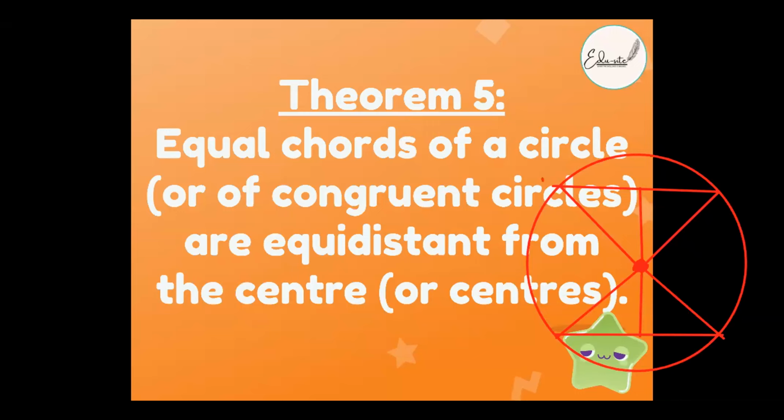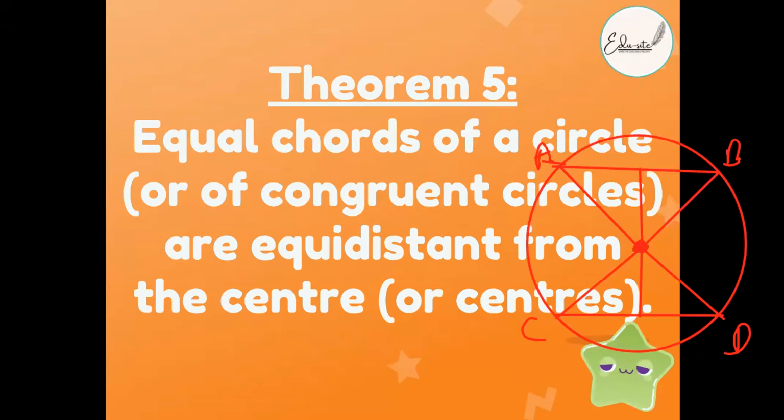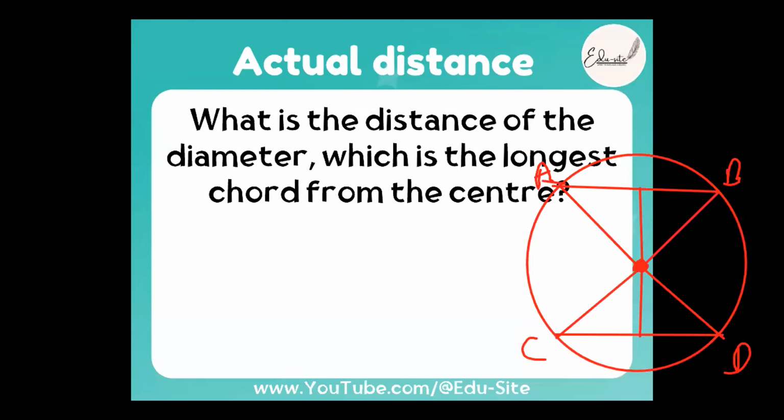How will you calculate the distance of chord AB from the center, beta? I just told you how to calculate it. In the previous slides, it was shown how to calculate the length of AB from the center of the circle.